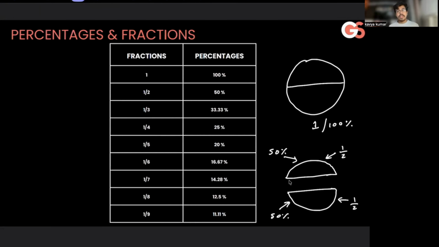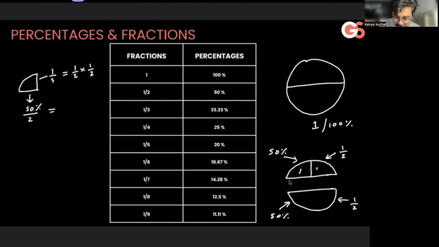Again, if I cut this half into another two halves, these are equal parts. This part and this part are equal. So this becomes 1 by 4, which is half of half, or 50% by 2, which is 25%. In a similar manner, we can cut this pizza into different fractions and different percentages.